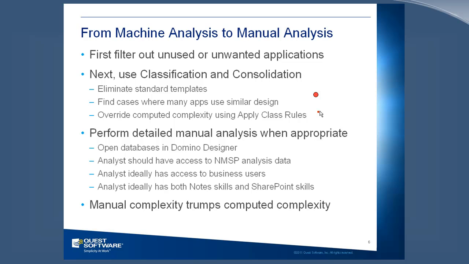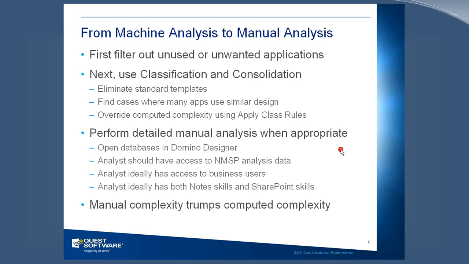This will be more clear when I do a demo for you. But this is an important part of saving you some work. You don't have to manually analyze every database one at a time. First, find out where you have the commonality. Combine your analysis work, record that in the technical class, and then push that down into the individual databases. And then you have all the one-off databases, and then do your manual analysis when it's appropriate.